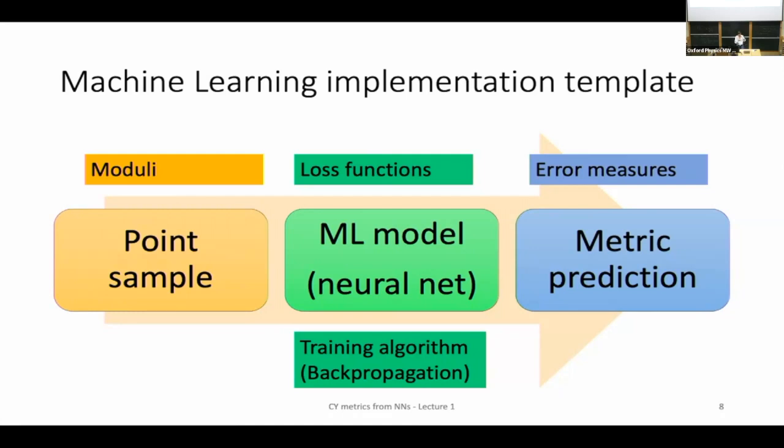So this is where we encode the mathematics of this. Then the network will give us a metric prediction. So in some sense, the network is the metric. And once we have it, we can compute the metric at other points on the manifold. We can test it, and we can compute error measures, and we can see whether this is Ricci flat and to what degree it is Ricci flat.